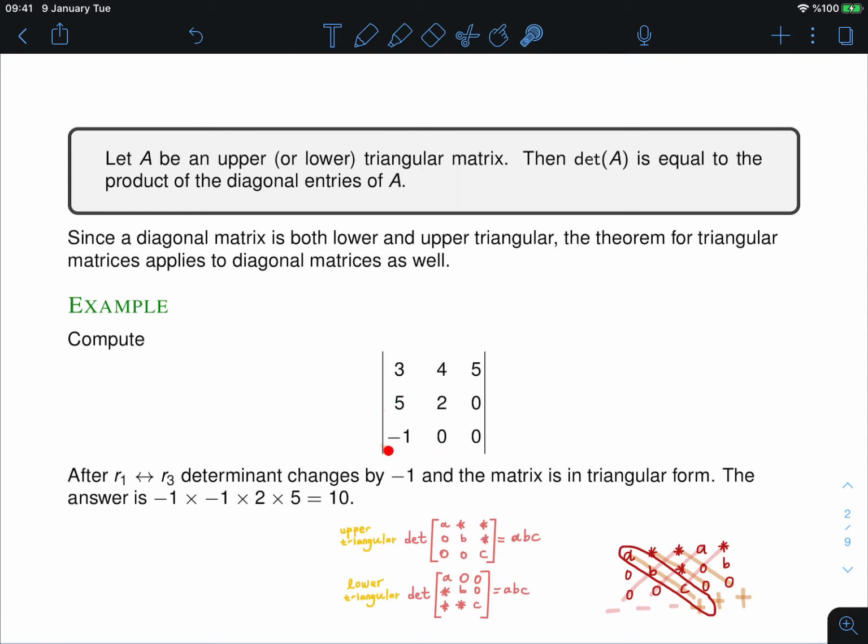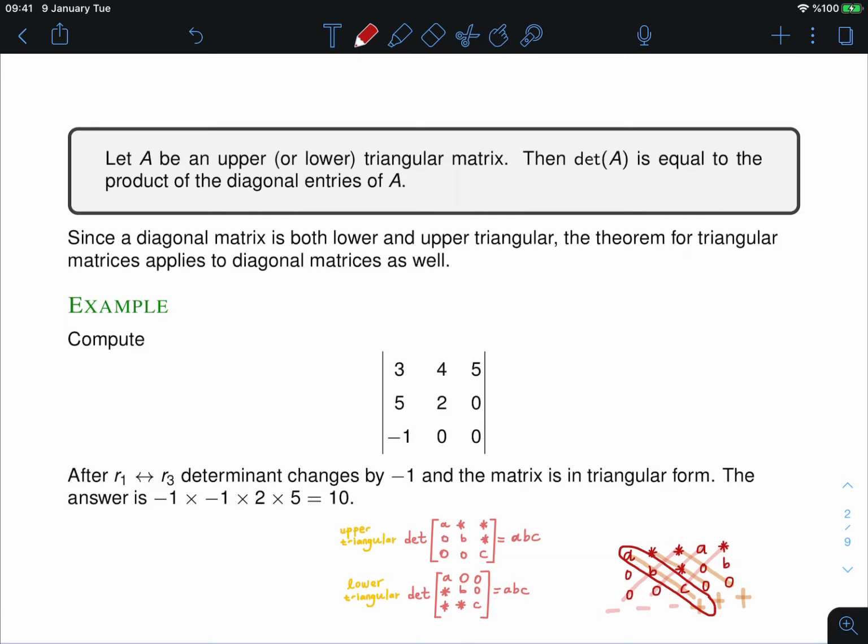For this matrix, neither of these conditions holds, so this is not a triangular matrix. But we can easily convert this matrix to a triangular form. How do we do that? If we just swap row 1 and row 3, then the matrix becomes a triangular matrix.